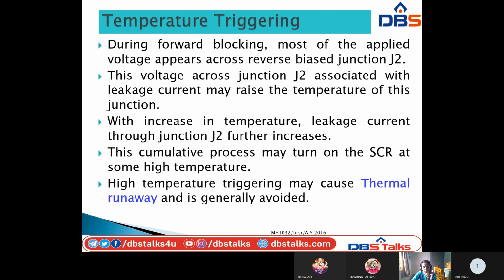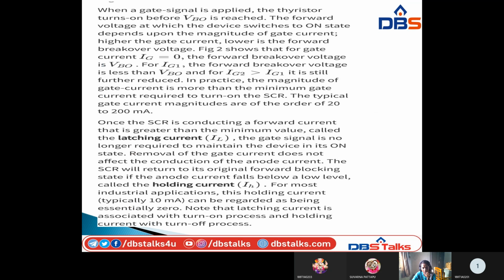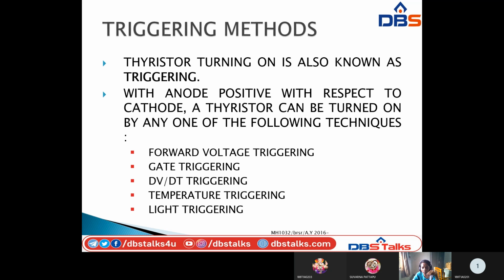Today we discussed the parallel operation of thyristors, triggering methods, and the static VI characteristics of the thyristor. Triggering means turning on the thyristor. The SCR can be turned on using these methods: forward voltage triggering, gate triggering, dv by dt triggering, temperature triggering, and light triggering.